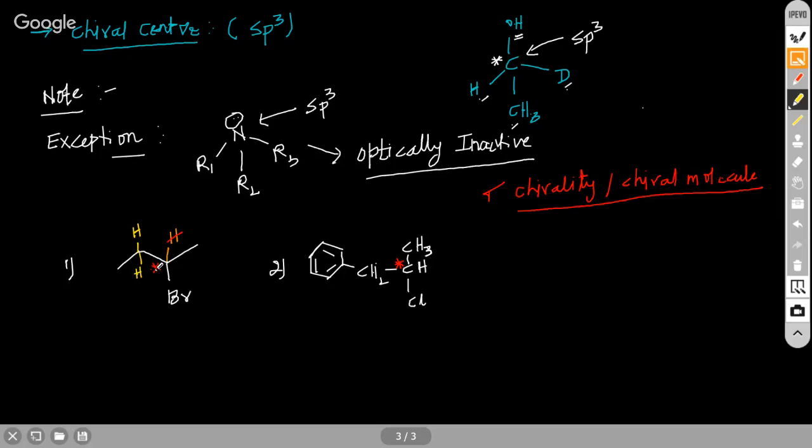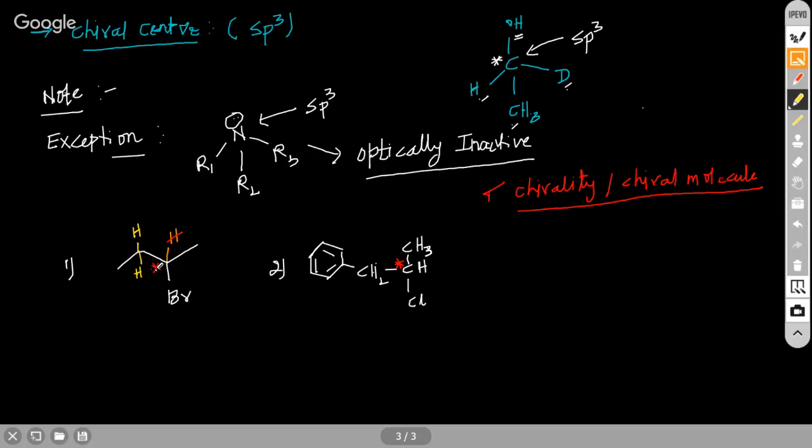The first point in this you write down: any molecule which cannot be divided into two equal halves is called a chiral molecule.